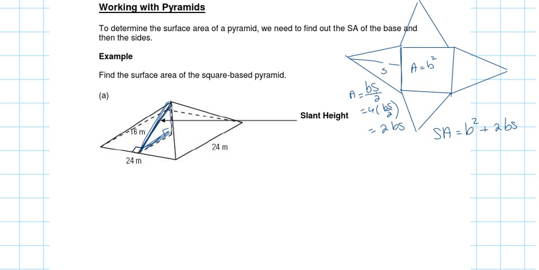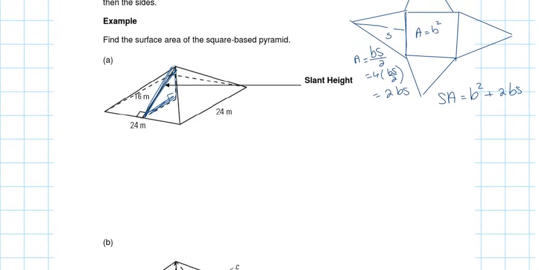So to find the surface area of the square-based pyramid for this one, I can use the formula I wrote down. So the surface area is equal to base squared plus 2bs. I know my base, which is 24. I know my slanted height, which is 16.